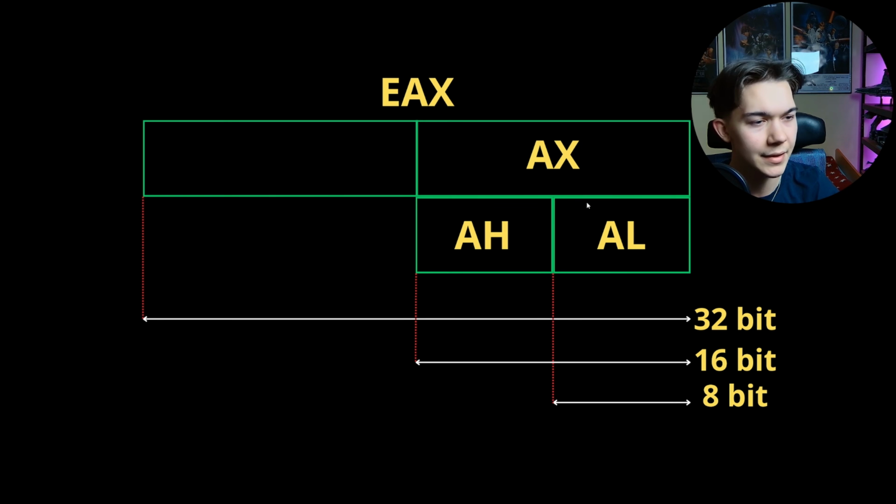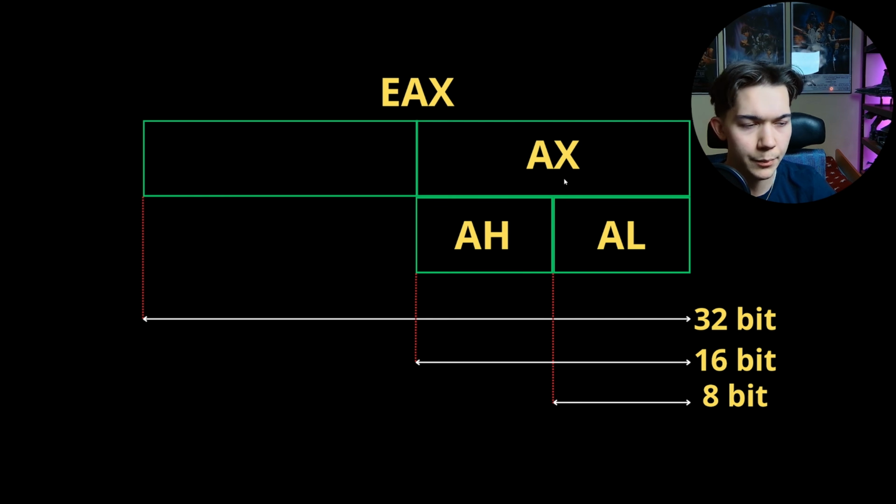And as you can see, there is a way to access specific parts of each register. The naming convention is the same among all of them, but I'm just showing it on the EAX example. If you remove the E at the beginning and refer in your code just to AX, you will be referring to the lower 16 bits of EAX.